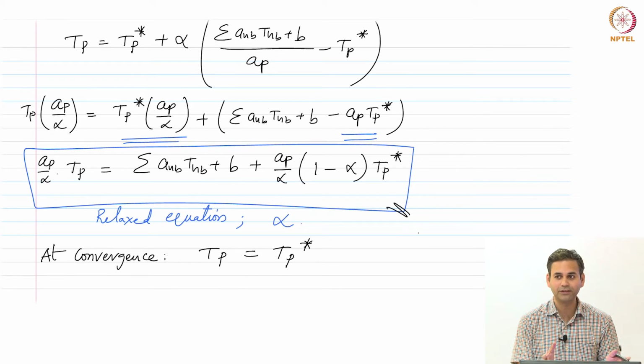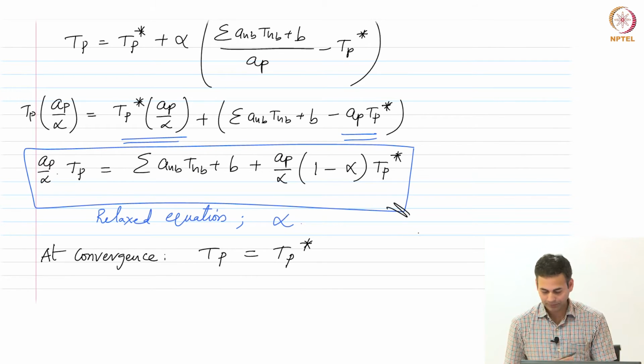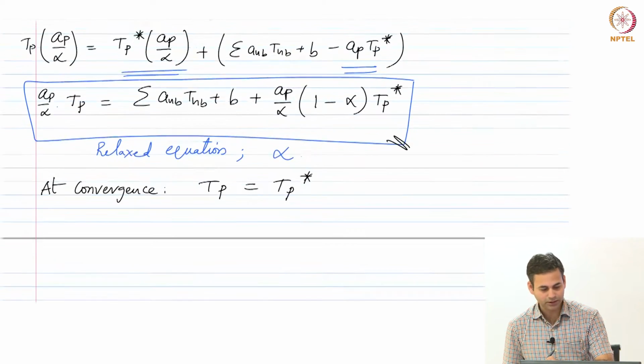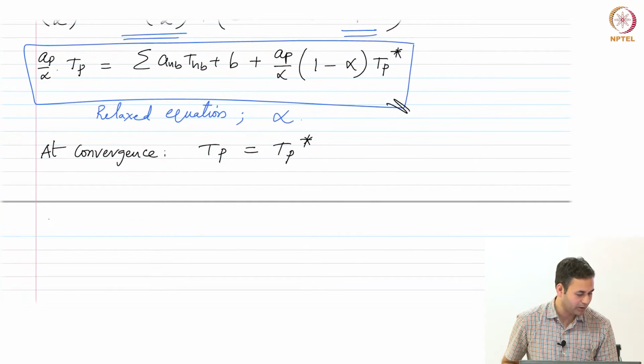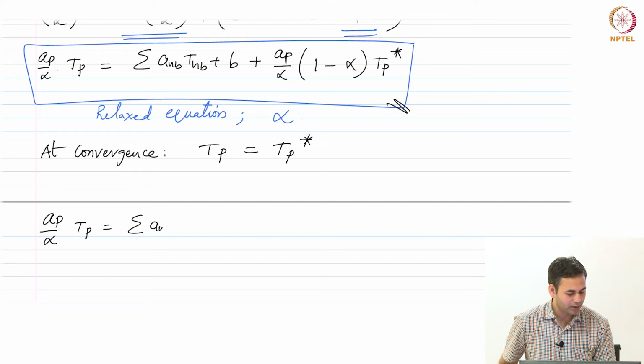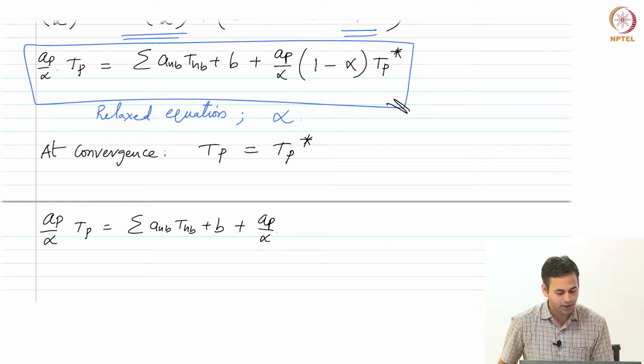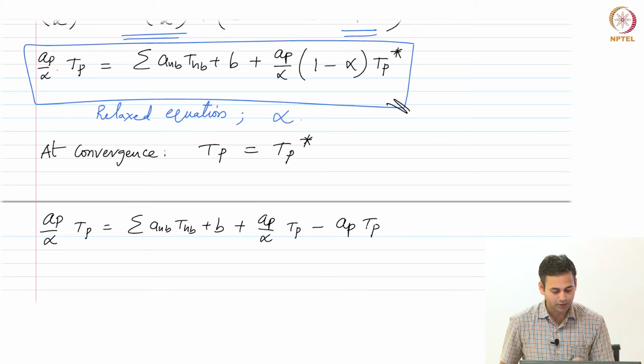This equation will be there. If they are the same, then you have AP by alpha times TP equals sigma ANB TNB plus B plus AP by alpha times TP minus AP TP, plugging in TP equals TP star.